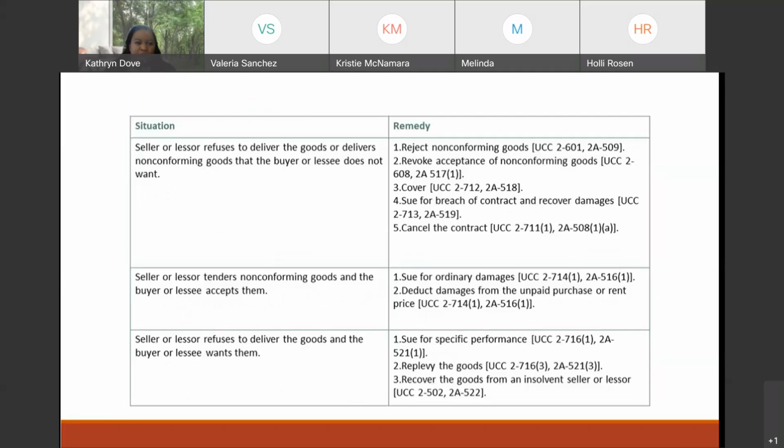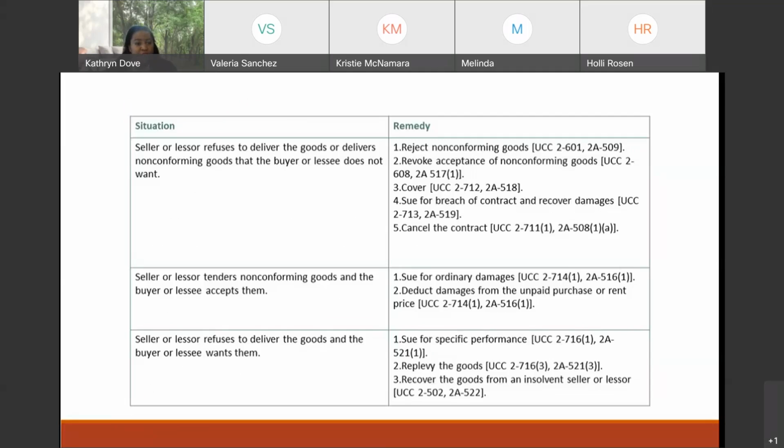And here's a table that summarizes the remedies again. Let's look at a given situation. If the seller refuses to deliver the goods or delivers non-conforming goods that the buyer doesn't want because it's not what the buyer ordered, the buyer can reject the goods, revoke acceptance, cover, sue for breach of contract, sue for damages, or cancel the contract.